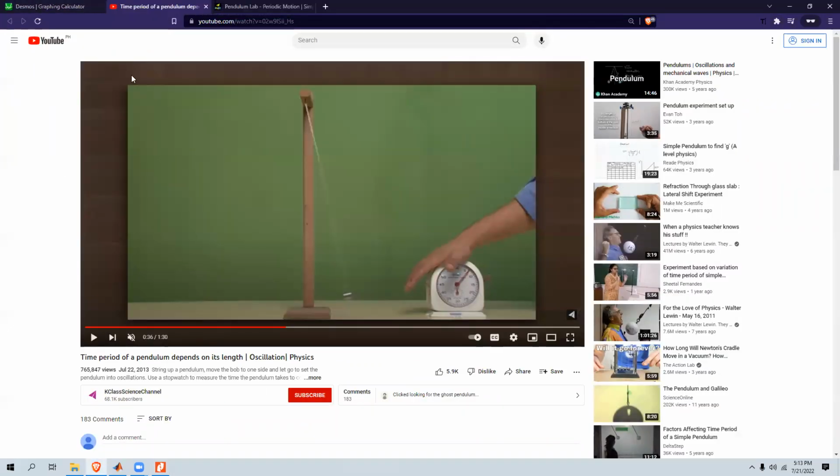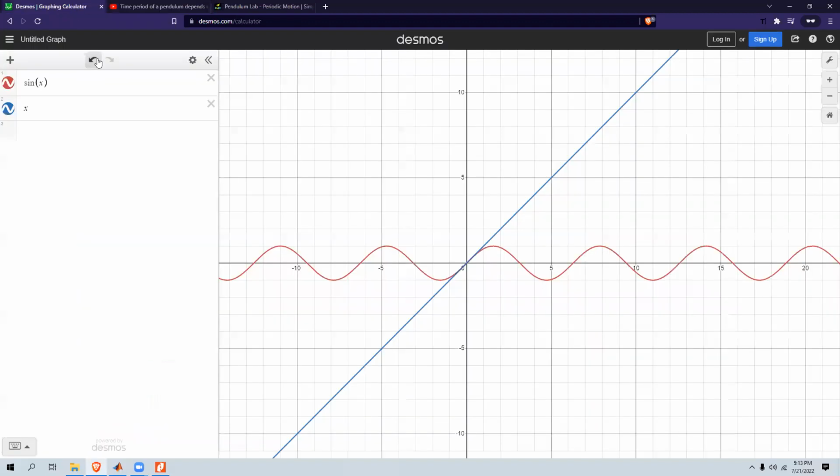Going back to our browser here, I have graphed a simple line, y equals x, and a standard sine function, y equals sine of x. As you notice, the regular forms of these graphs are really different from each other.